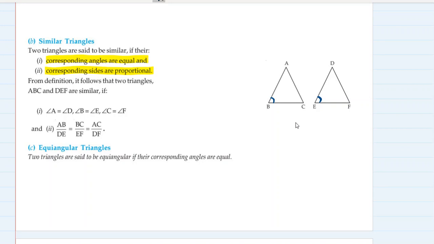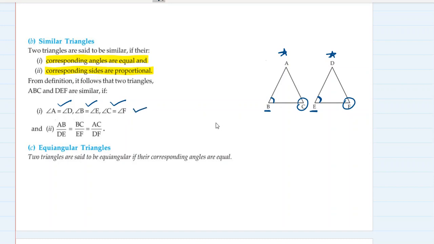So in both the figures, the position of point B and the position of point E correspond to each other. The position of point C and point F correspond to each other. The position of point A and point D correspond to each other. So angle A equals angle D, angle B equals angle E, angle C equals angle F are corresponding angles. So when two triangles are similar, their corresponding angles are always equal.